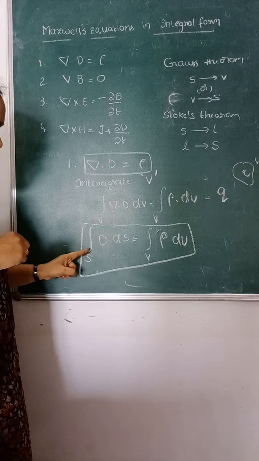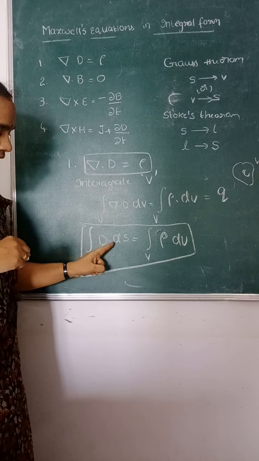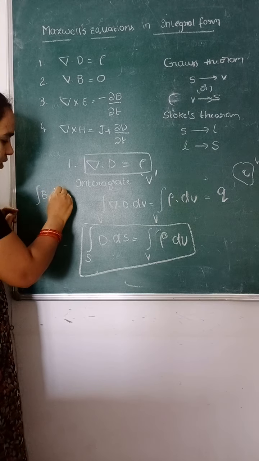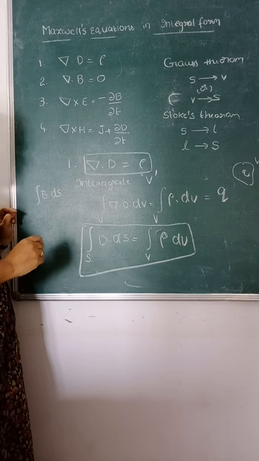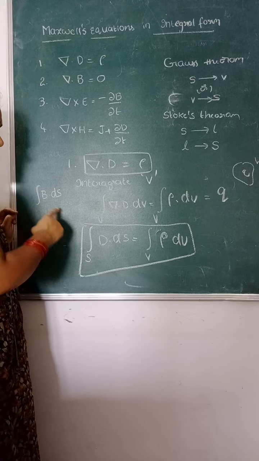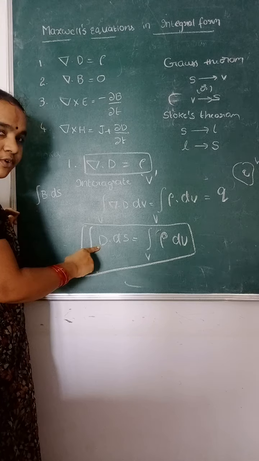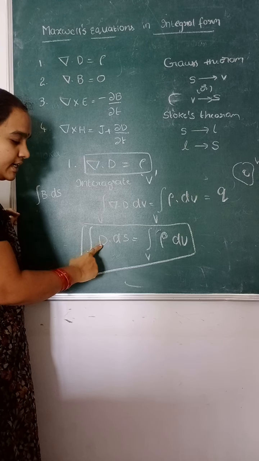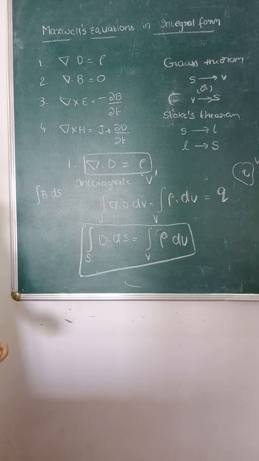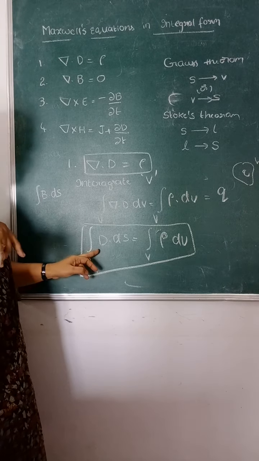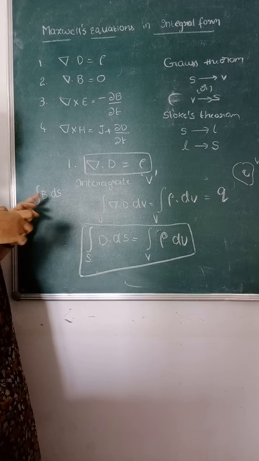So we define that B dot dS we call a flux of the magnetic induction. So it is also D dot dS. This is the flux of what is D? D is the electric displacement vector, and B is the magnetic induction.